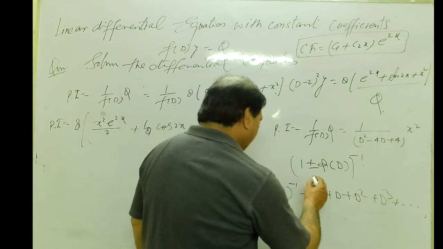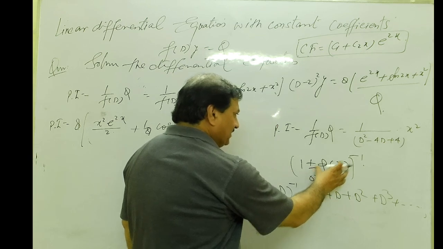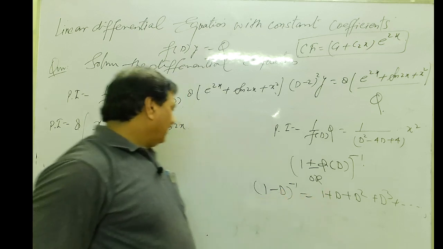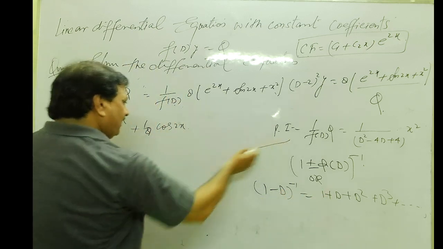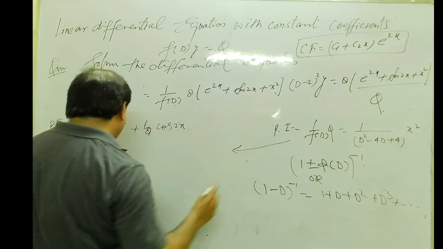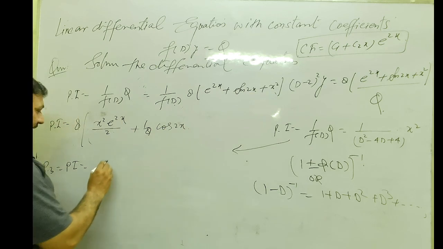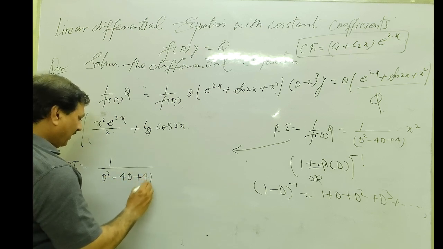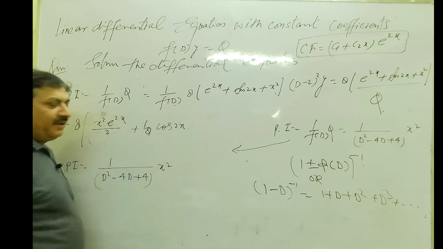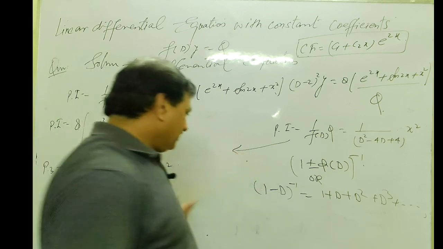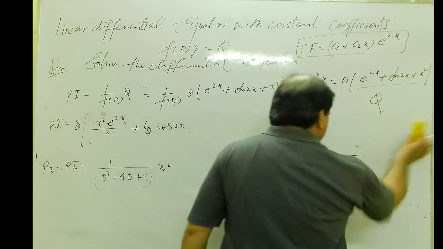You can write this term in this basic form, converting it as an expansion in D. Here P3 is the third particular integral, in the case of an algebraic function: 1 upon D² minus 4D plus 4, applied to x². This is the second type, and the theory is applied in this case.